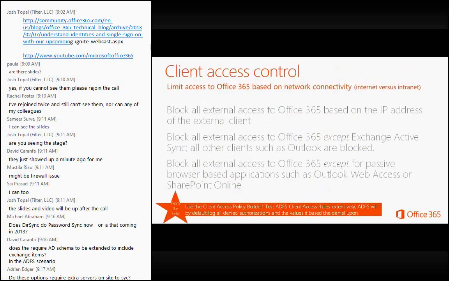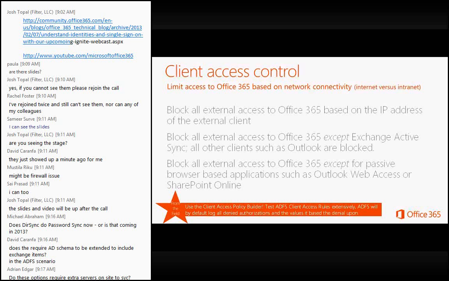So one of the other things we can do is around client access control. Using ADFS and ADFS proxies, we can essentially limit where a client can access Office 365 from.